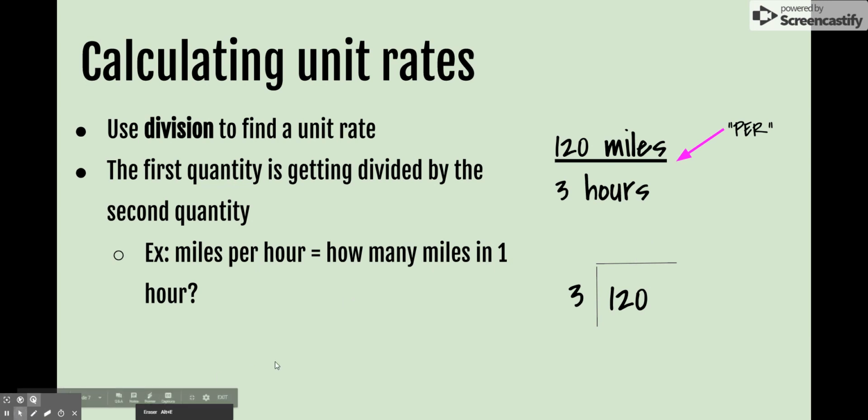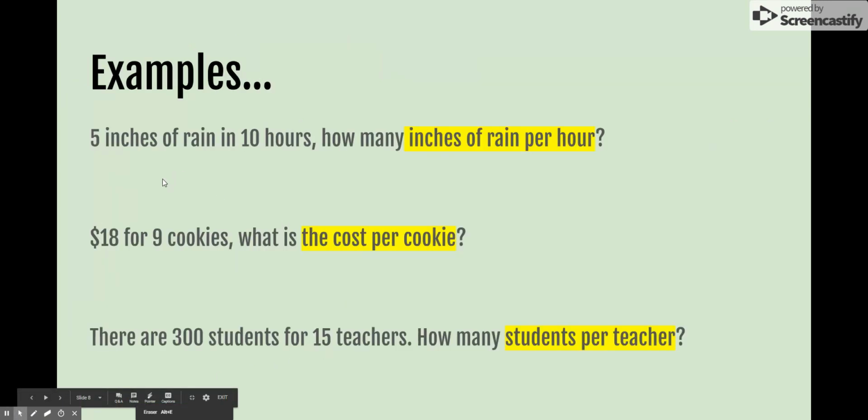Some examples of this might be if I get 5 inches of rain in 10 hours in my backyard, how many inches of rain would that be per hour? I want to know each hour how many inches of rain are going to fall. If I'm doing inches of rain per hour, I would divide the 5 inches of rain by 10 hours. If I divide 5 by 10, I'm basically doing 5/10.